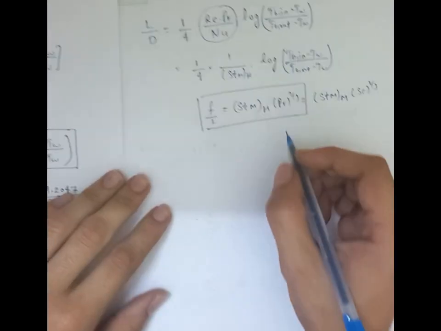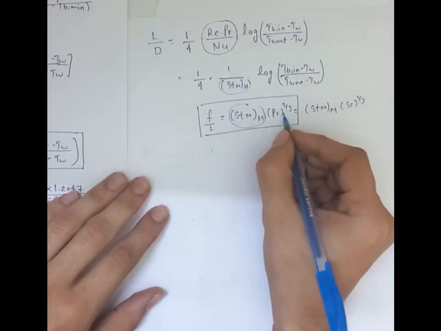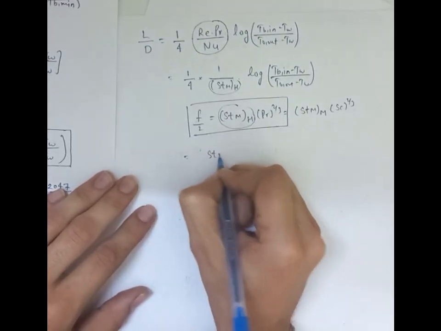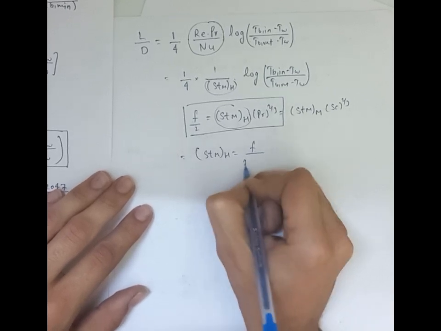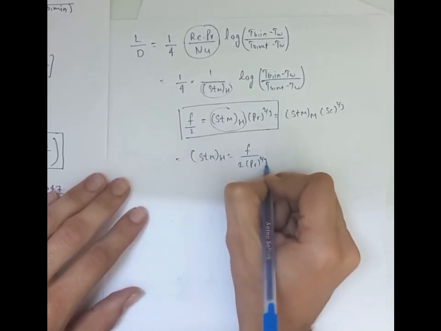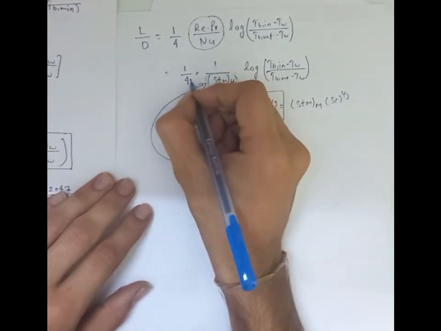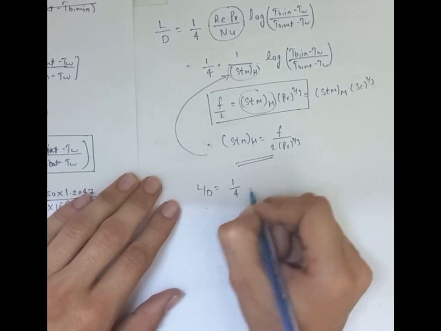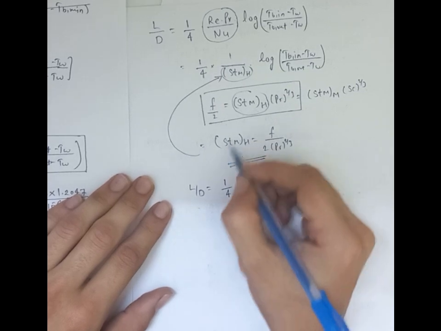Okay. So now we are having this Stanton number for heat transfer. So we will take this Prandtl number to the other side, and we can substitute the Stanton number of heat transfer with f by 2 times Prandtl number to the power 2 by 3. We are going to use this relation here. Now by substituting the value, L by D is equal to 1 by 4, and now we substitute the value.